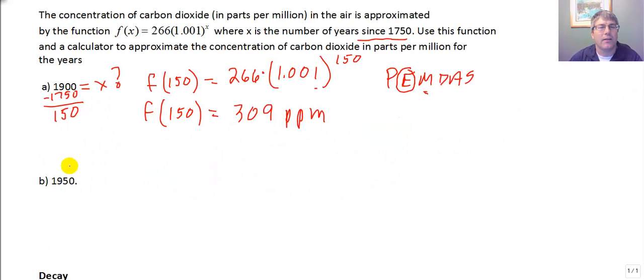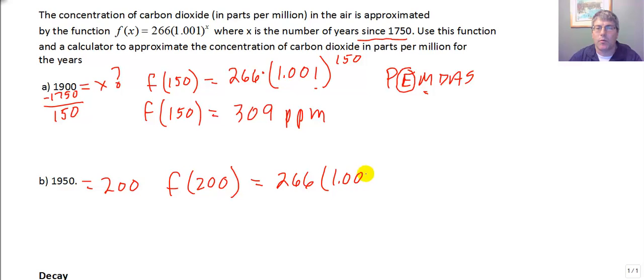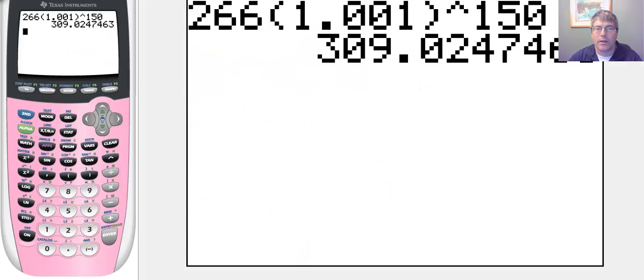And they're asking us to do this again for 1950. Well, hopefully we see right away that that's 200 years afterwards. So now we would just input f of 200: 266 times 1.001 raised now to the 200th power. And we can go to our calculator.